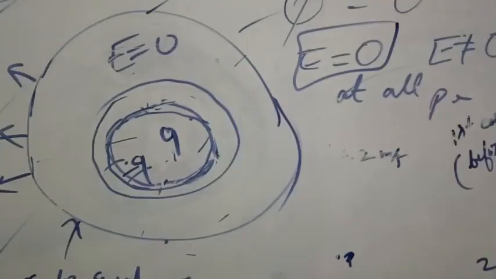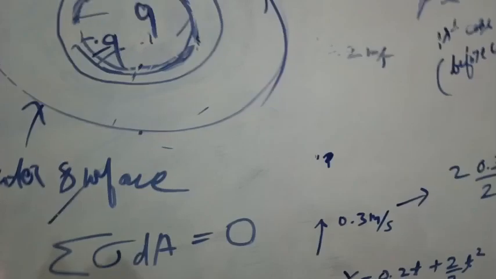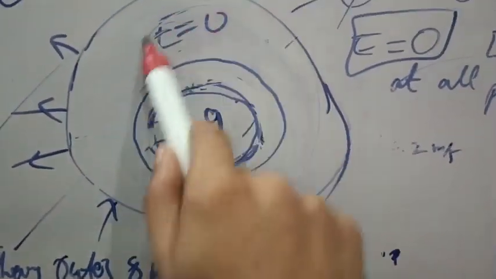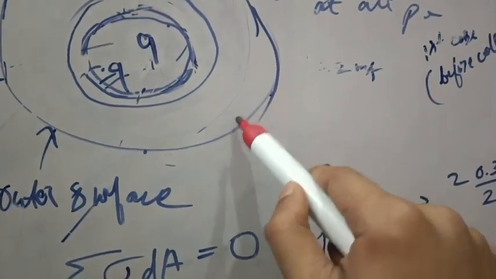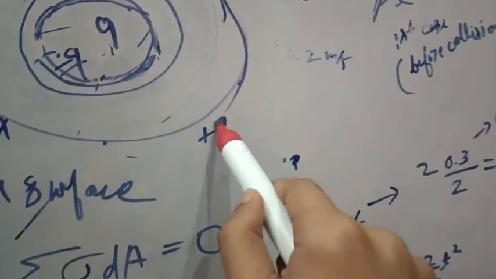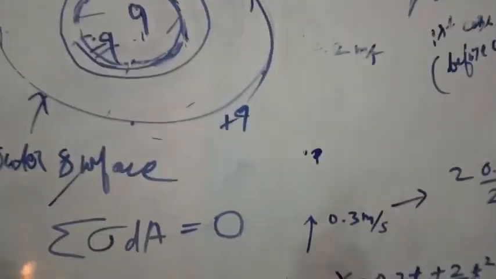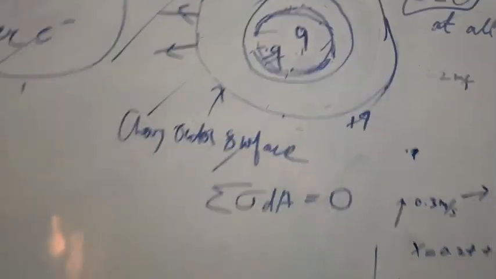To get the flux 0, we put negative charge on this inner surface, and since no charge can lie inside the conductor, we must put an equal positive charge on the outer surface. So we have to put plus q charge on the outer surface.